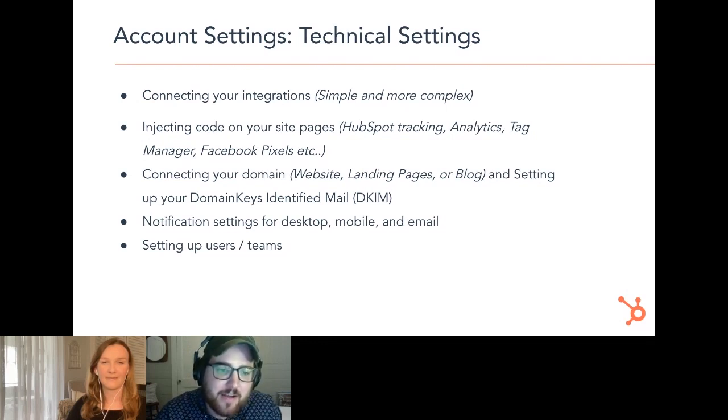And then also making sure to set up your DKIM record. So your DKIM will help protect your email deliverability. So over time, as you're sending marketing emails, to protect your own domain, and so that other companies can't use it for spoofing, or so that it's yours. You're sending emails from your domain.